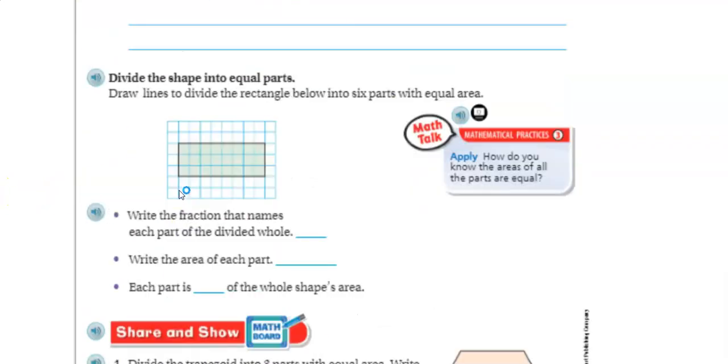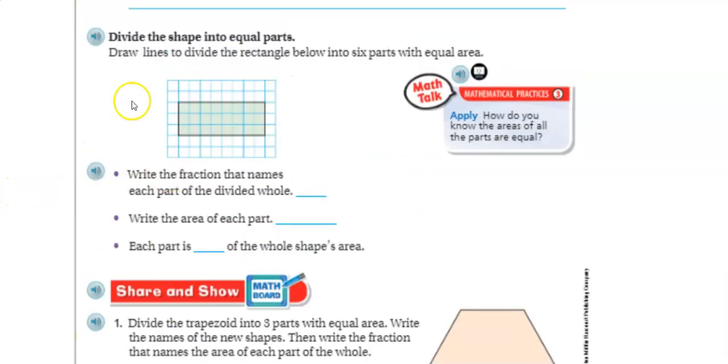All right, so we're going to move down. And it says divide the shape into equal parts. All right, so hopefully you are able to see, just like we did before, that you can take these and make them into different shapes and actually divide them equally. So first of all, think about how you can equally divide something. First off, you want to know how many are in the whole.